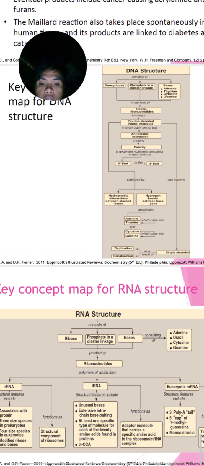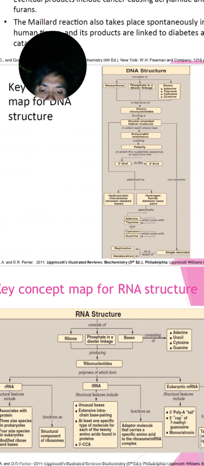The tRNA structural features include unusual bases, extensive intrachain base pairing, and at least one specific type of molecule for each of the 20 amino acids found in proteins, with the 3' CCA end.